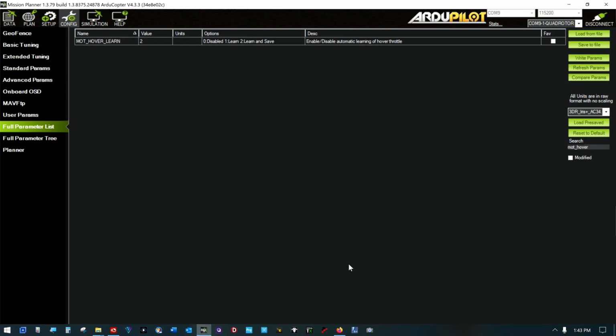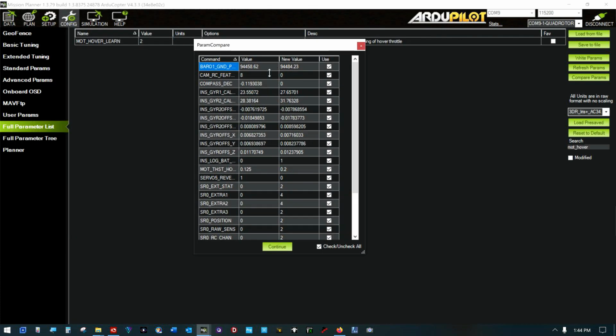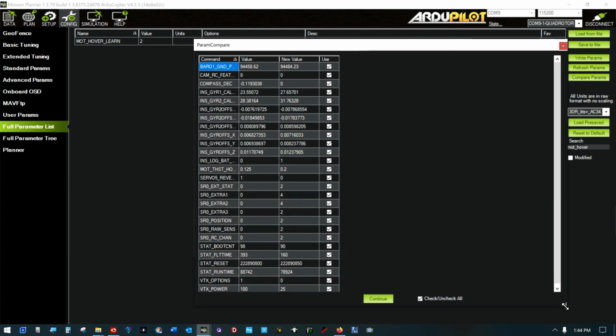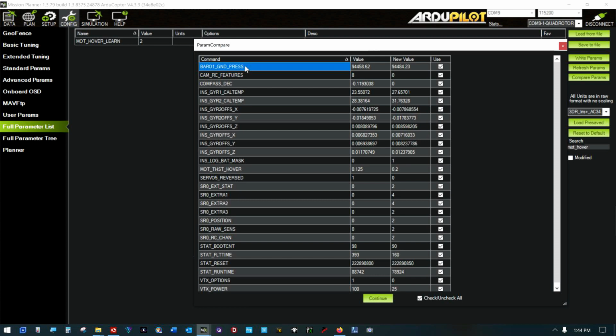Motor thrust hover, and I don't know if these got changed. Actually, I can go in and look. What happened during that flight? These are some of the values that, for various reasons, have changed since my last save. So this has just changed because the barometric pressure outside changed over the time period. This changed because it read the RunCam camera through the UART and set up the values that it can do. I don't even use that, so I don't care.